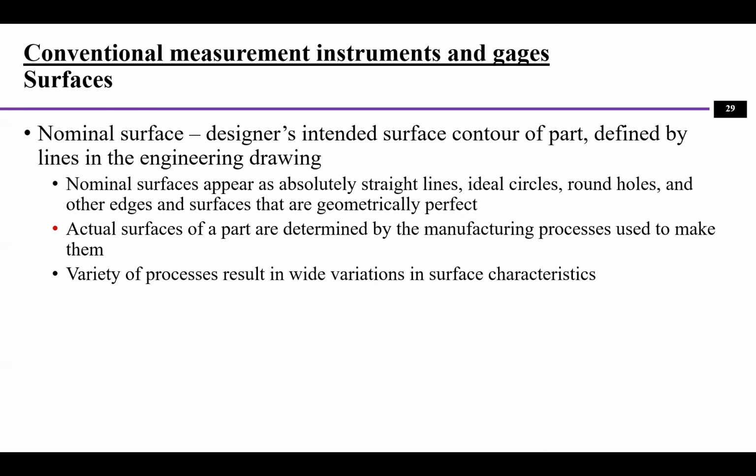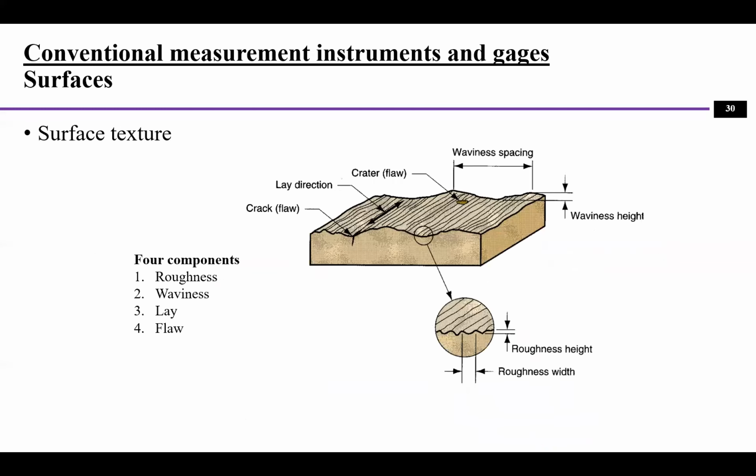Then next, I'll talk about the surfaces. There are four components of the surface texture. One is roughness, which is talking about those minor ups and downs here. It's called roughness. And if there are bigger ones, then we call it waviness. Big waviness.